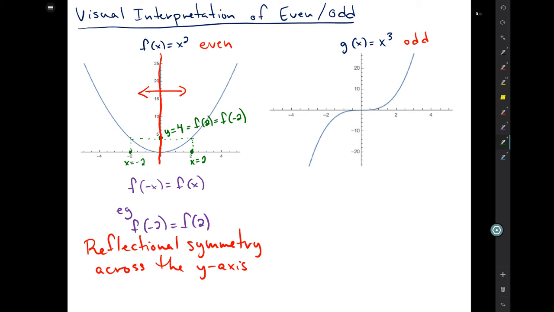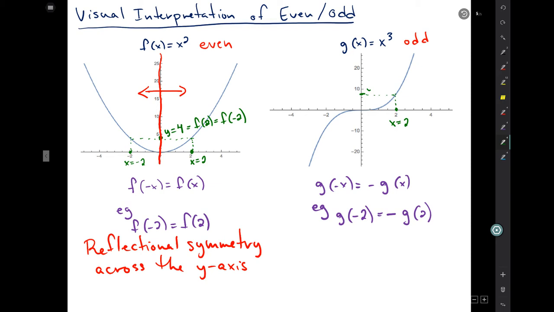For our odd function, remember what the definition of odd tells us is that g of minus x is going to be negative g of x. So for example, if I plug in negative 2, this is going to be negative what I get if I plug in 2. So I look at my graph, and here is x equals 2, and the y value at x equals 2 is 8. So this is y equals 8, and this is g of 2.